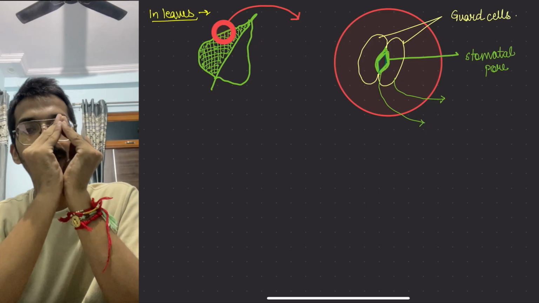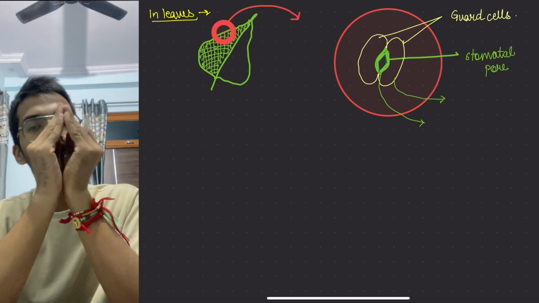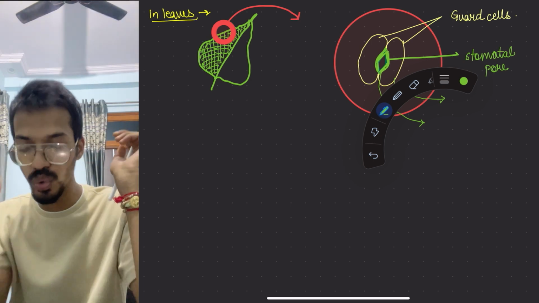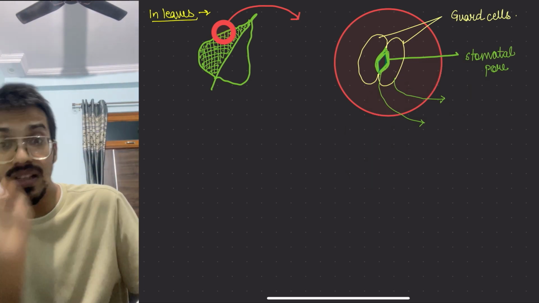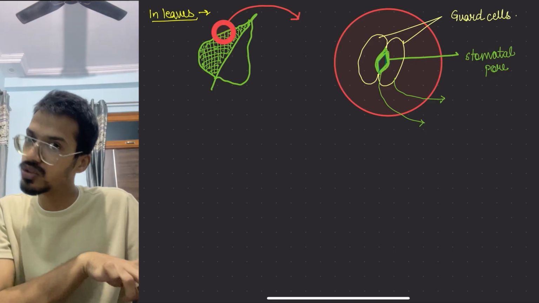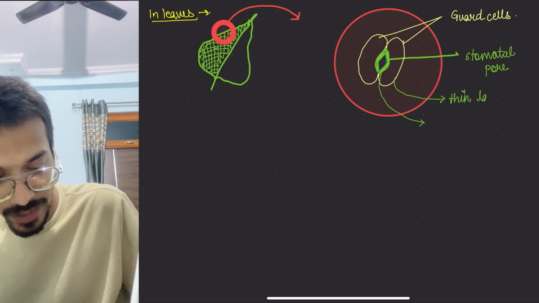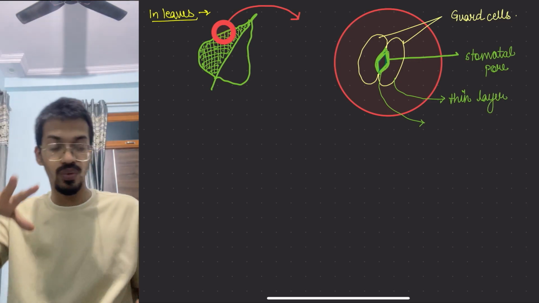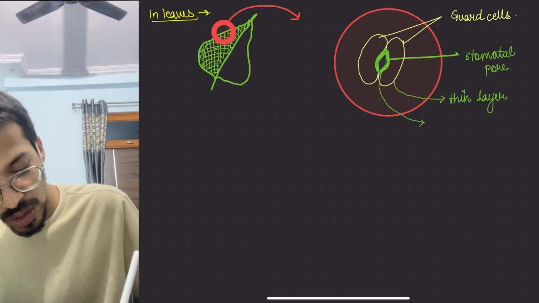So the pore is formed by this like this. It's just that we are making a story to understand it. So the guard cell's outer layer, away from the stomatal pore, is a thin layer. Whereas the inside one, which is present over here, can you see this part? This is thick in appearance. So this is the thick layer.